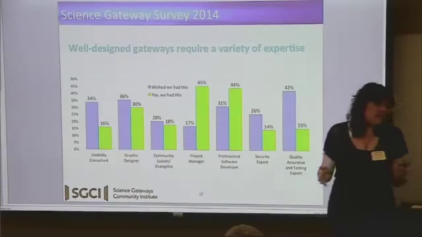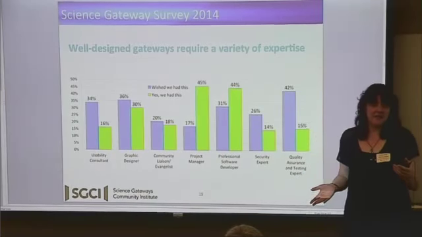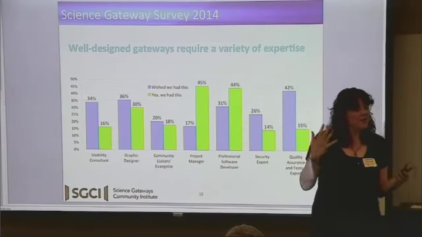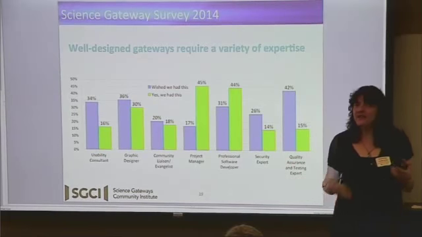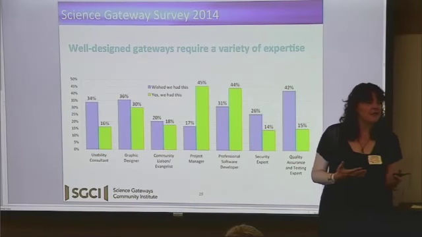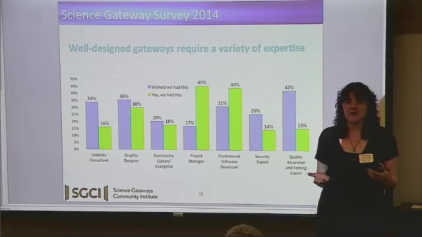So a well-designed gateway requires a variety of expertise. And now you know why I talked at the beginning about, if you look at your campus, there are different groups you can work with.